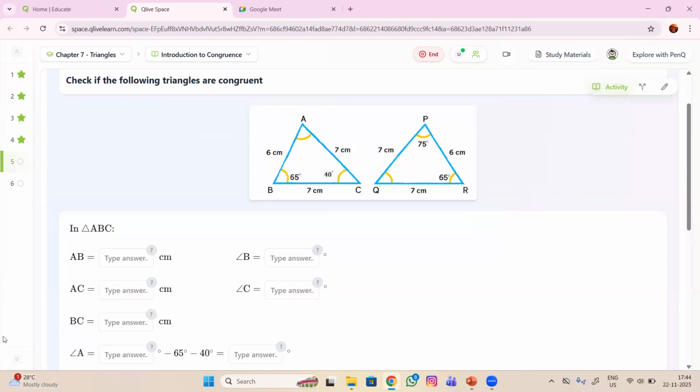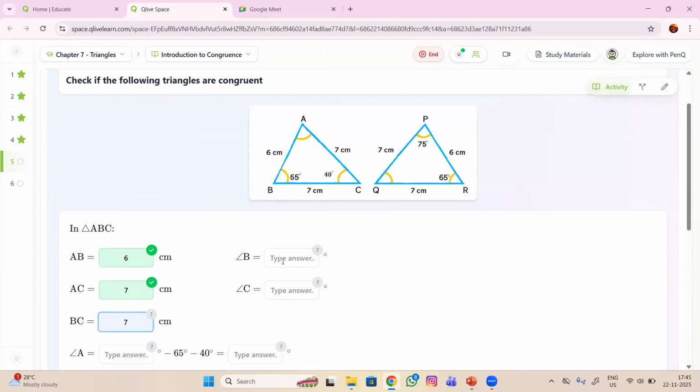Okay. Yes. Here AB is 6 centimeter and AC is 7 centimeter and BC is 7 centimeter.